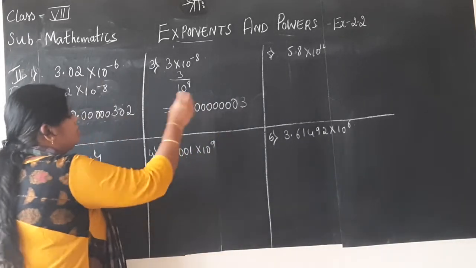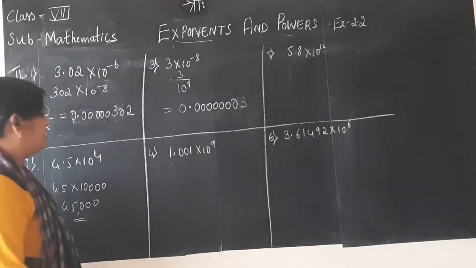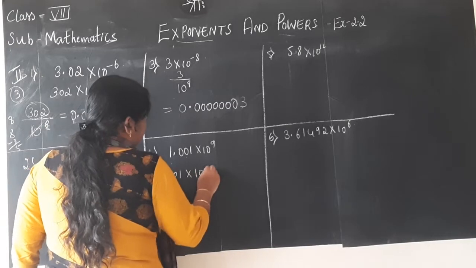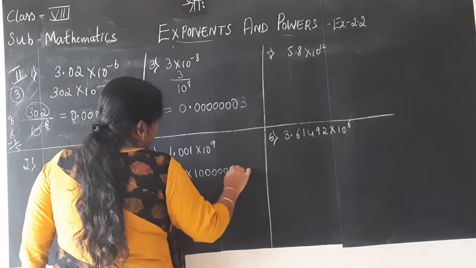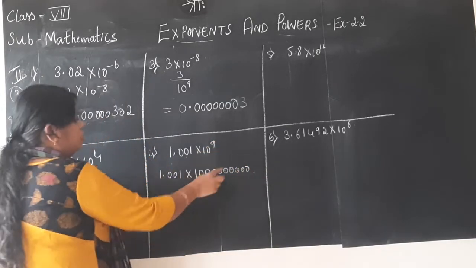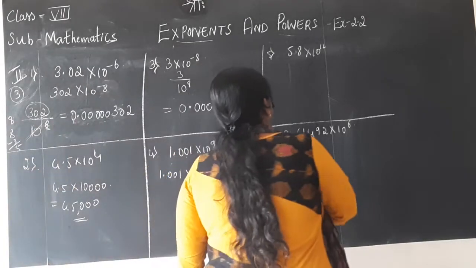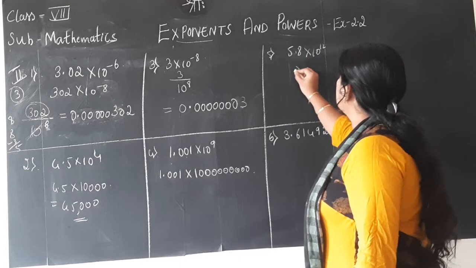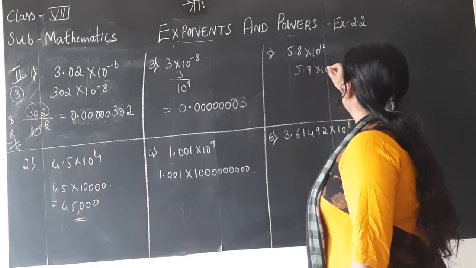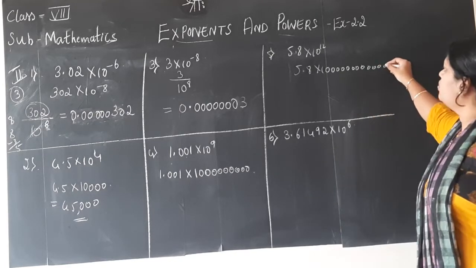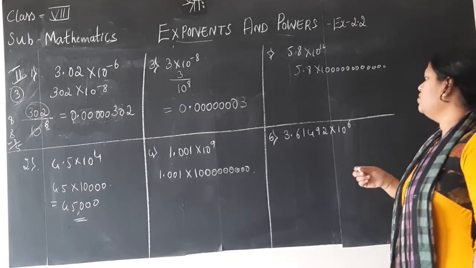Similarly 1.001 into 10 to the power 9. Positive exponent means 1, 2, 3, 4, 5, 6, 7, 8, 9 zeros. However many zeros there are, put that many zeros and simply do the regular multiplication, you will get the answer children. Even for this, 5.8 into 12 zeros, you do it, and whatever answer you get you write.